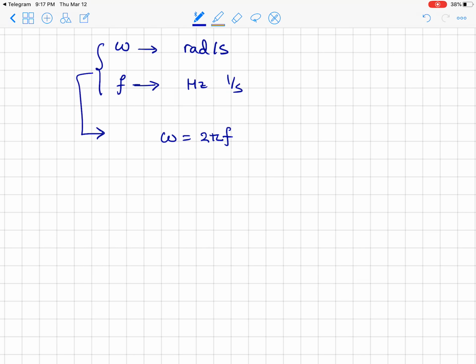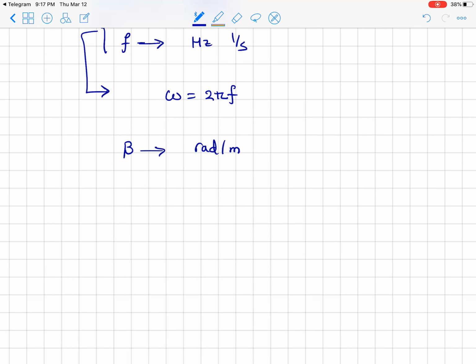The third parameter that we studied was beta, which is called the phase constant. The unit for that is radian per meter. The last parameter that we studied is the phase velocity, Vp, and since it's a velocity, the unit should be meter per second.